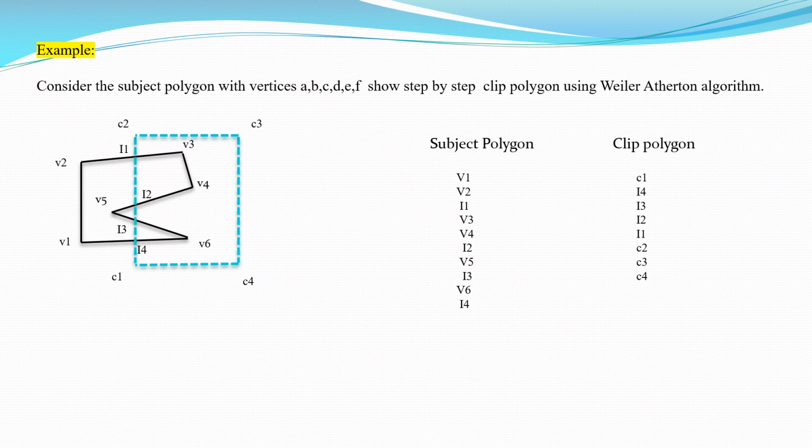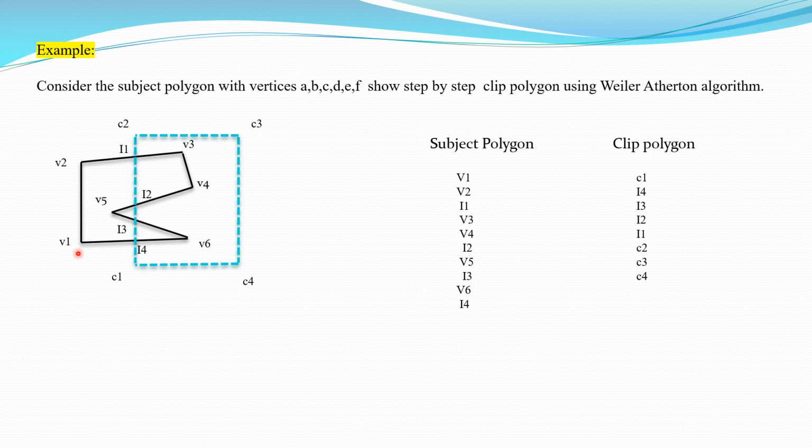Okay, here V1, V2, I1, V3, V4. Here again the intersection is I2, V5, I3, V6 and I4. This is your subject polygon.